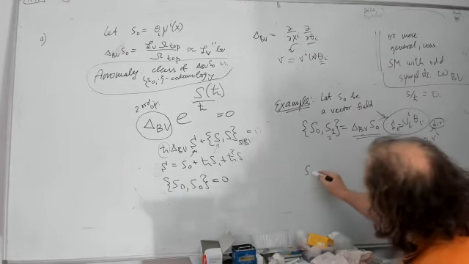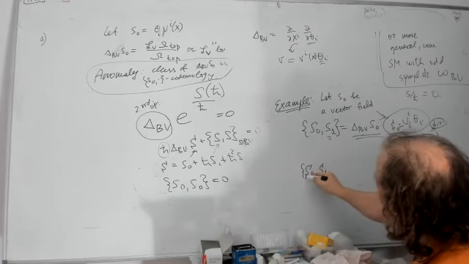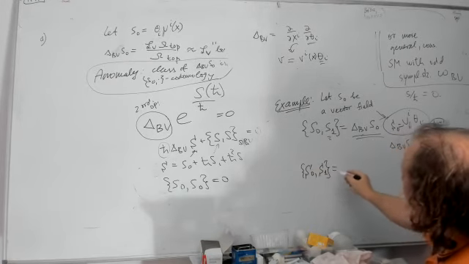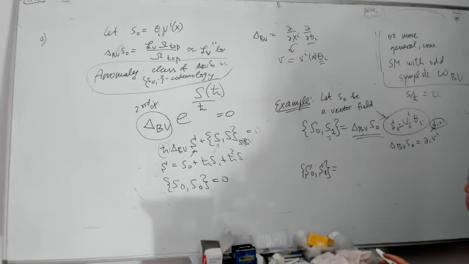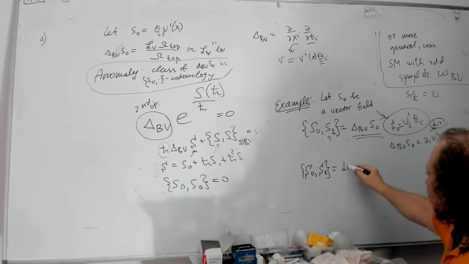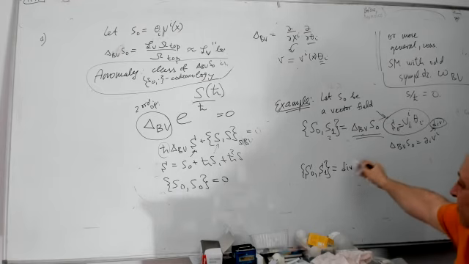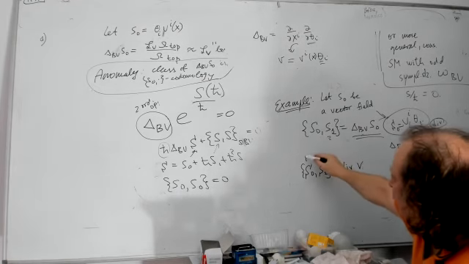It means that we need to study this equation. Okay, I'll write it as divergence. So this is a function. This is a vector field.